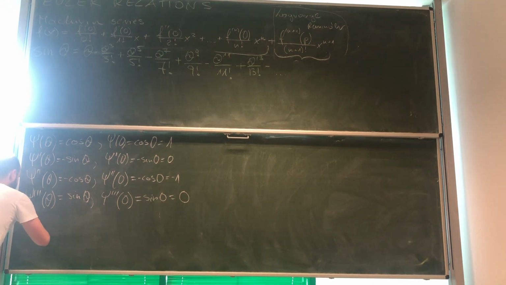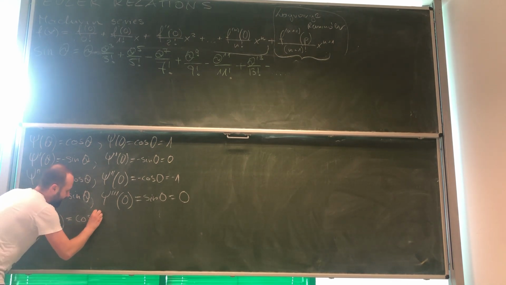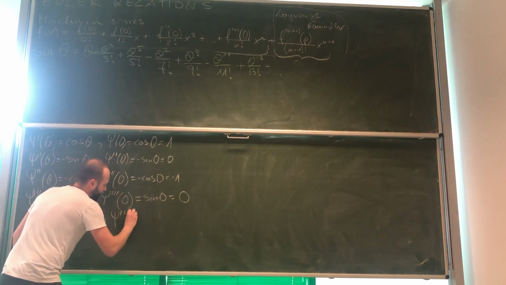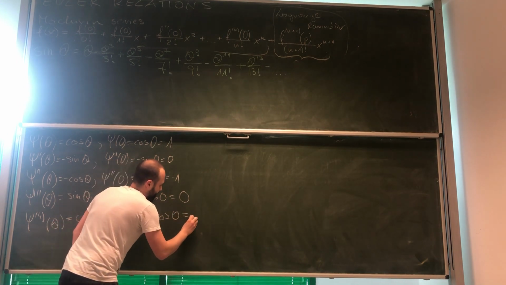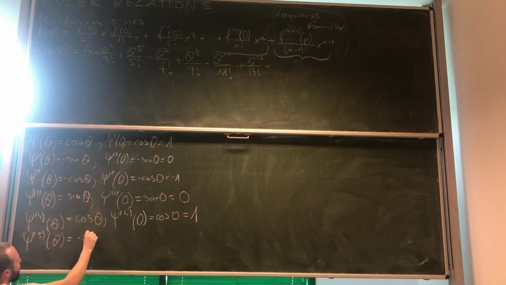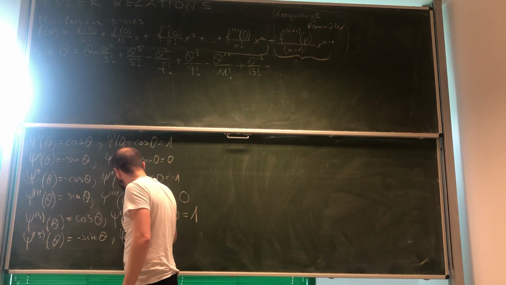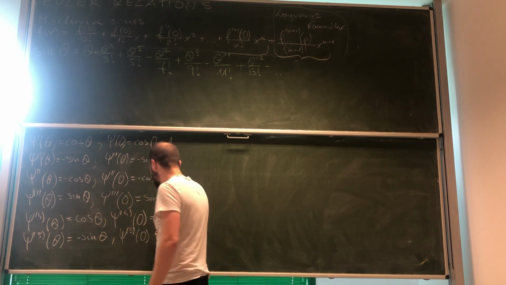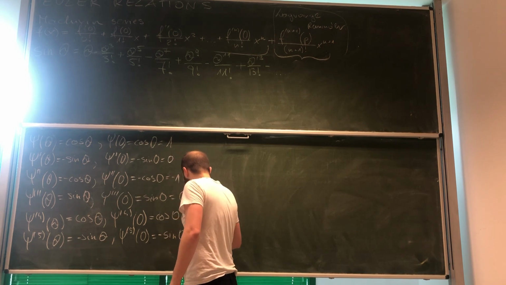Then we've got that the fourth derivative of psi is going to be equal to cosine theta, which means that the fourth derivative evaluated at 0 is equal to cosine 0, it's equal to 1. And then we go to the fifth derivative, which is equal to negative sine theta, which implies that the fifth derivative evaluated at 0 is equal to negative sine 0, which is equal to 0.